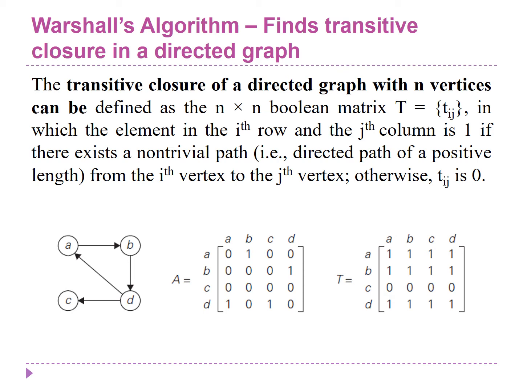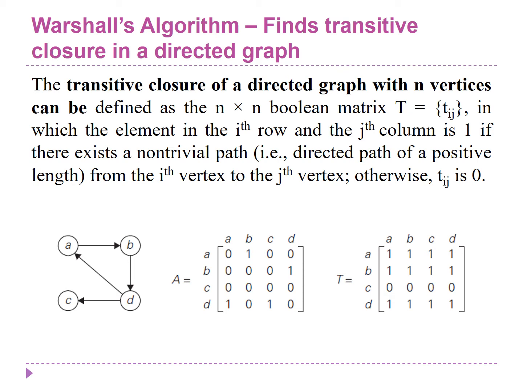And similarly, there is an edge between the vertex D and vertex A. Hence, there is a 1 in the Dth row and the Ath column. Similarly, there is an edge between the vertex D and vertex C. Hence, the adjacency matrix has a value of 1 in the Dth row and the Cth column.